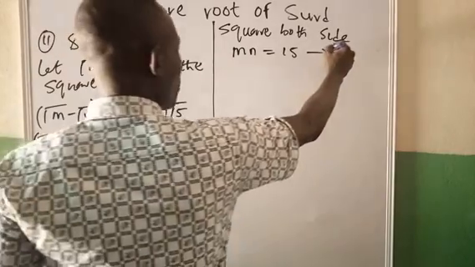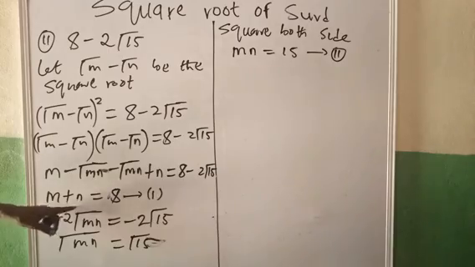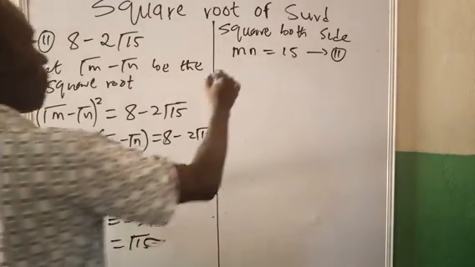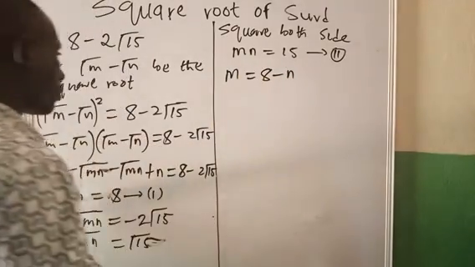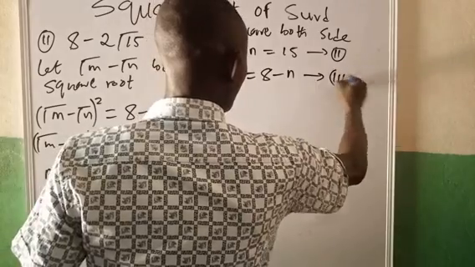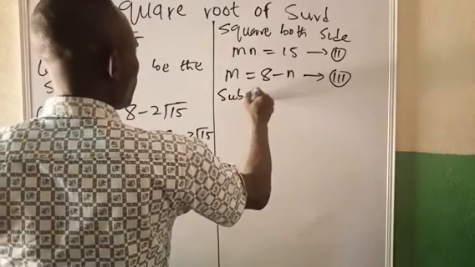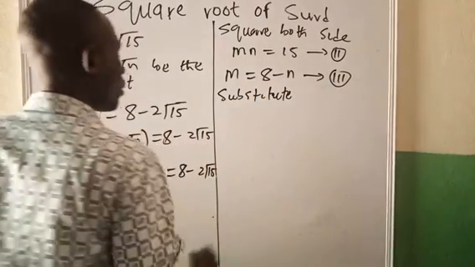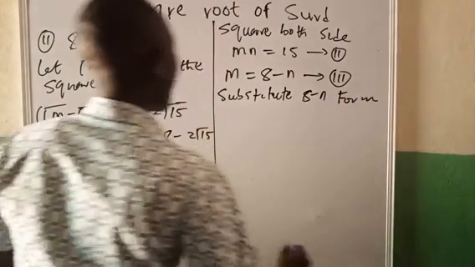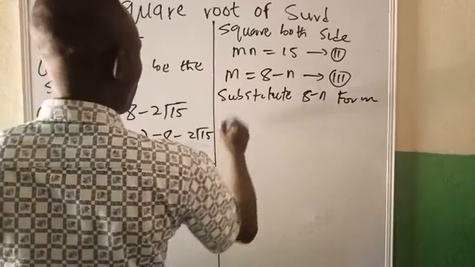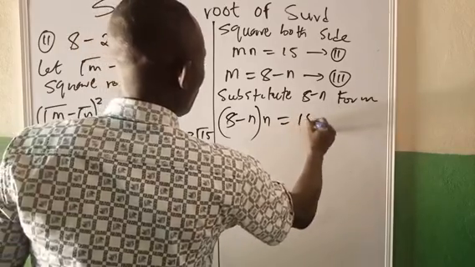This is my equation 2. So from equation 1, I will have m is equal to 8 minus n to form equation 3. So I substitute 8 minus n for m. So I have 8 minus n, bracket, n will be equal to 15.